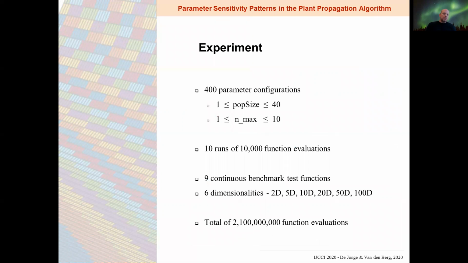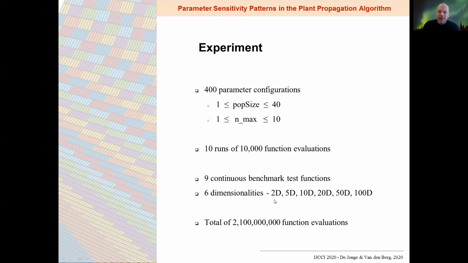So what we did in the experiment of determining the parameter sensitivity is we took 400 parameter configurations for the plant propagation algorithm on each benchmark on 6 different dimensionalities. Not only on 2 dimensions, also on 5, 10, 20, 50, and 100 dimensions.